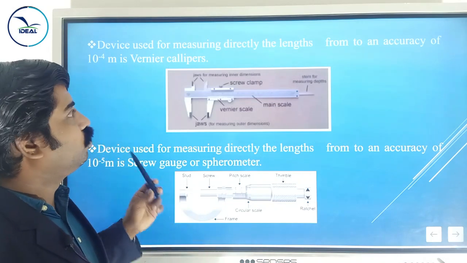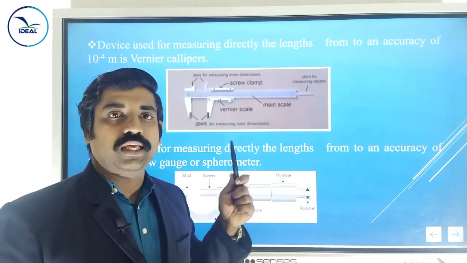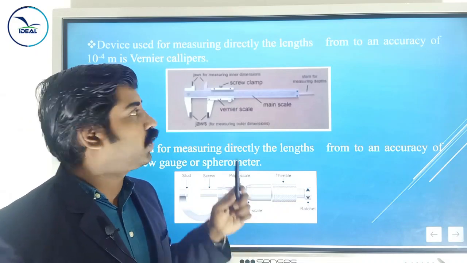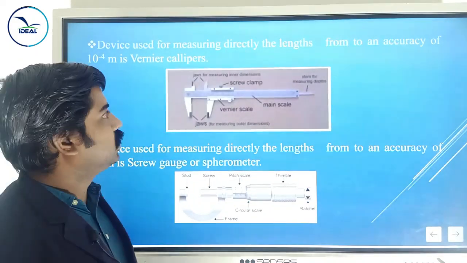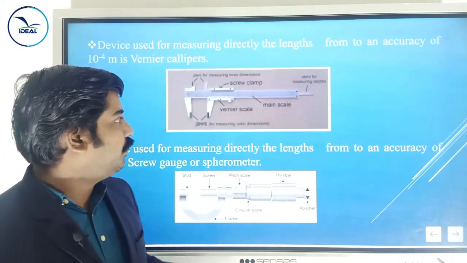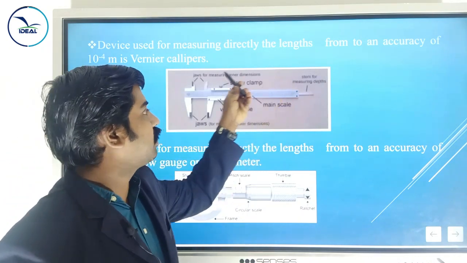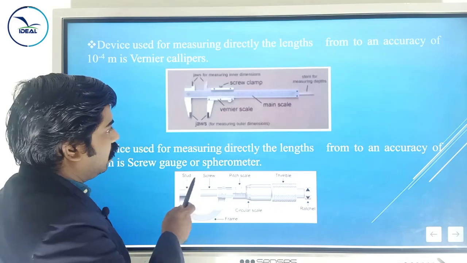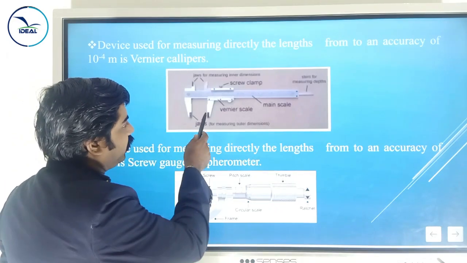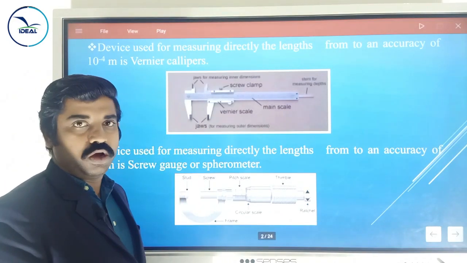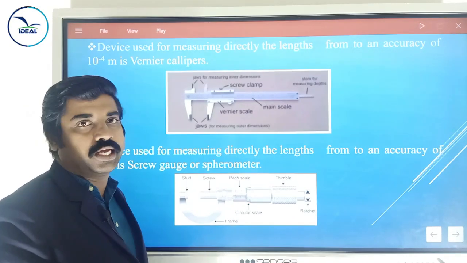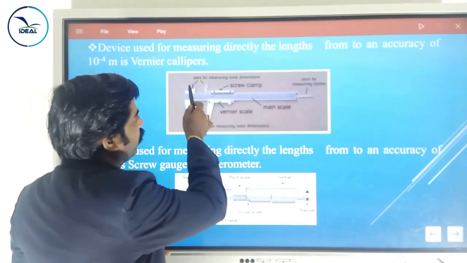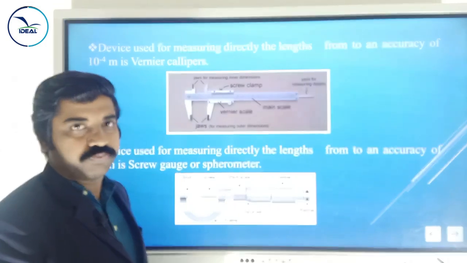That's a direct method. This is the device. Whatever we want to measure, we put it here. Or if we want to measure any inner radius, then we use this point.